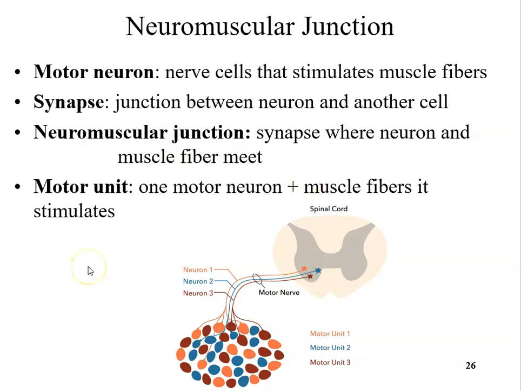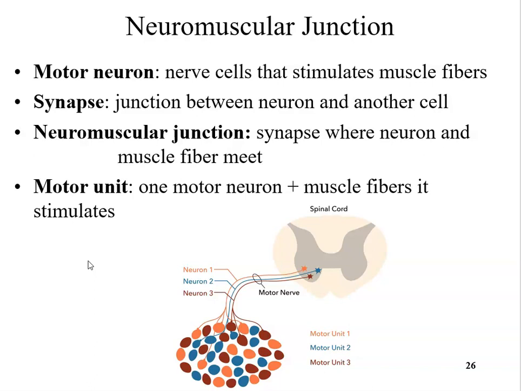A motor unit refers to one motor neuron plus all the muscle fibers it controls. So it's kind of like when you have a sled that's drawn by huskies, sled dogs.